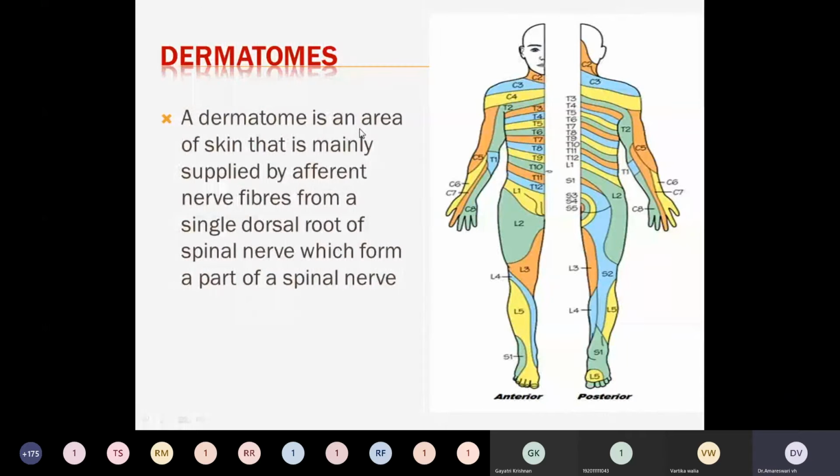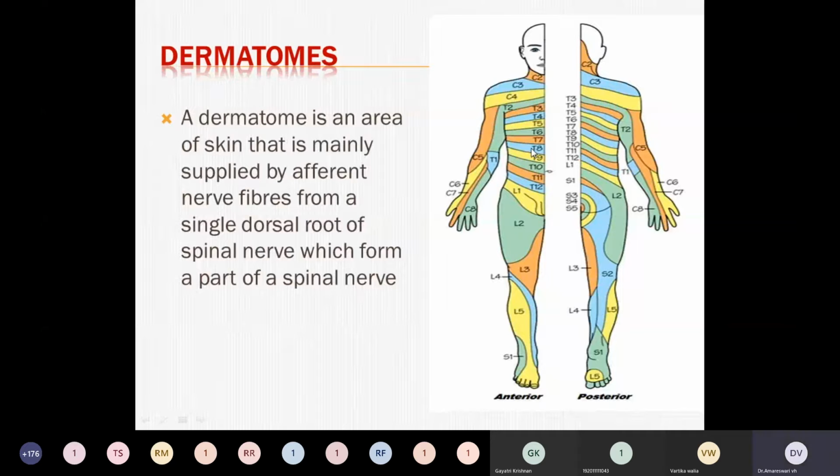If you complete C6, go to C7 and compare with the C7 of the opposite side, and see whether it is decreased or increased when compared to the right side. That is the importance of the dermatome. By examining all the dermatomes, we will come to know that this is the area of lesion.